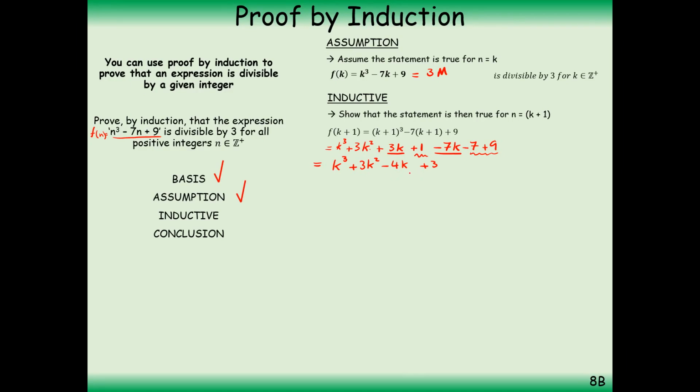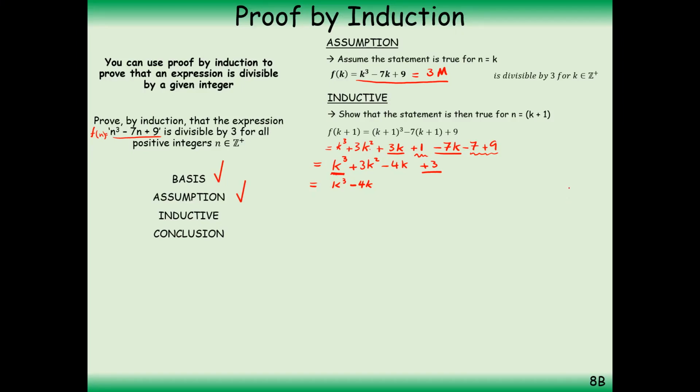Now, at this stage, we cannot directly use our assumption. We only have the k to the power of 3. So we can do some rearrangement of this line and write k cube there. We don't have a 3k squared, but luckily that has a factor of 3 already in front. So we can keep this negative 4k.